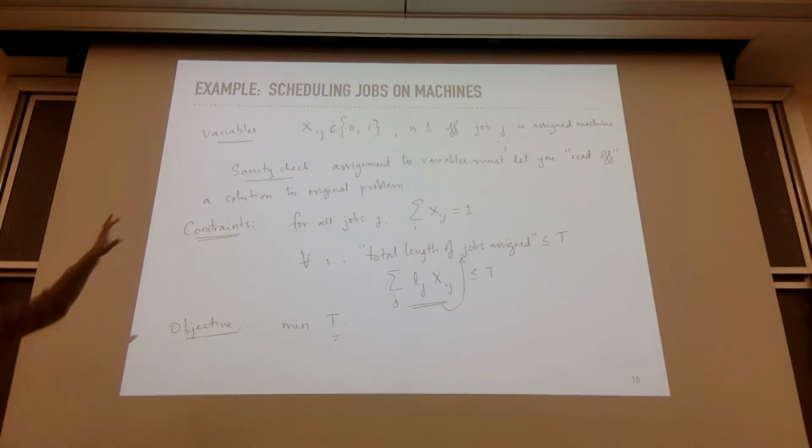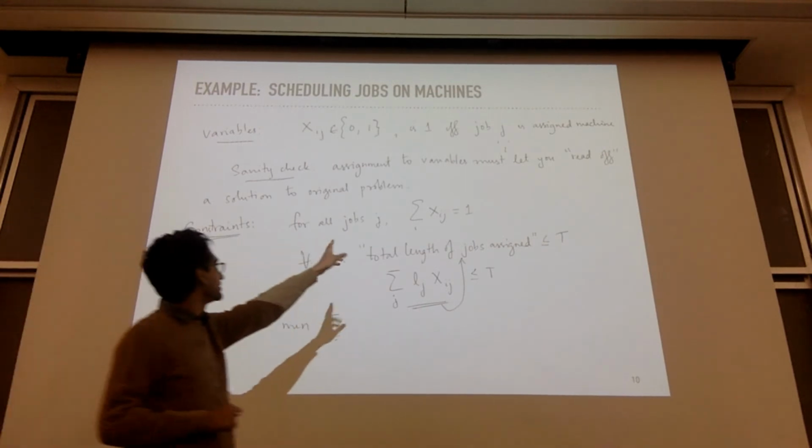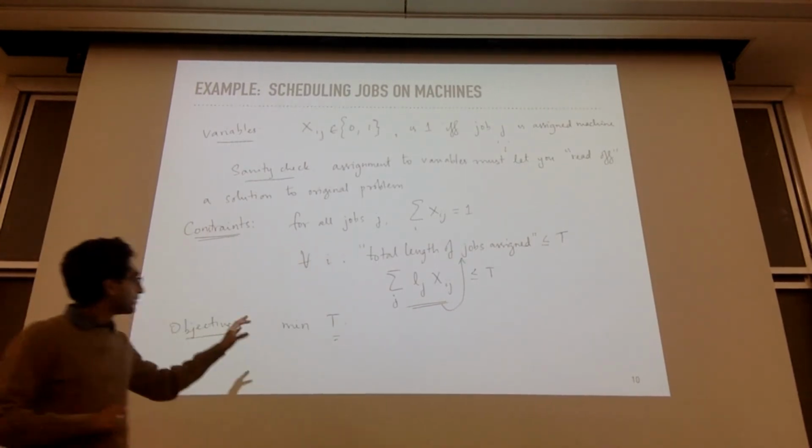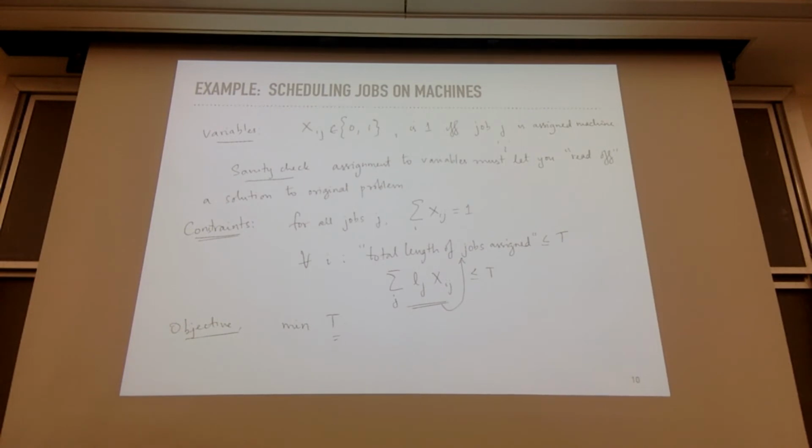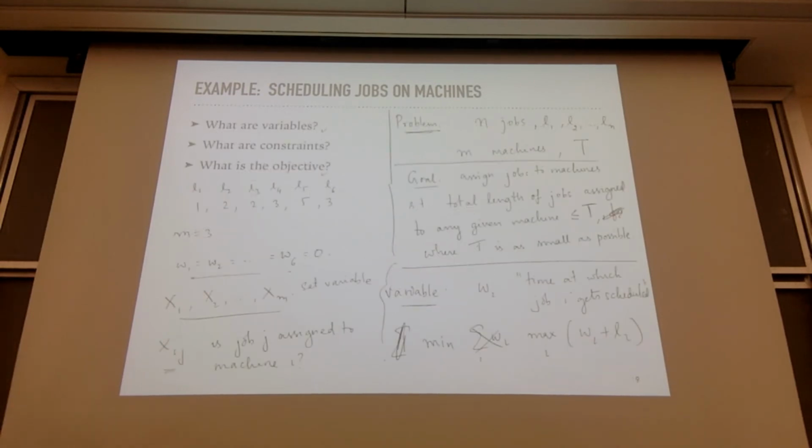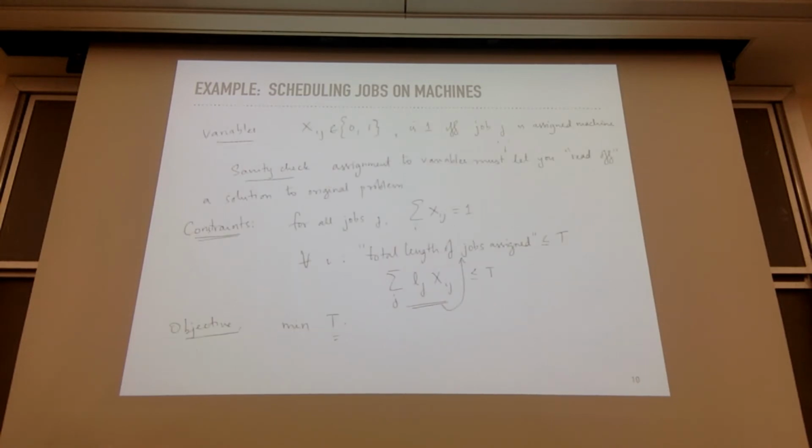The point is that you chose variables carefully so that they allow you to read off a solution. And you have these constraints which say this. Now the key point is that suppose somebody had no idea that you were trying to solve a scheduling problem, but you just gave them this optimization problem. Let's do it for this example.